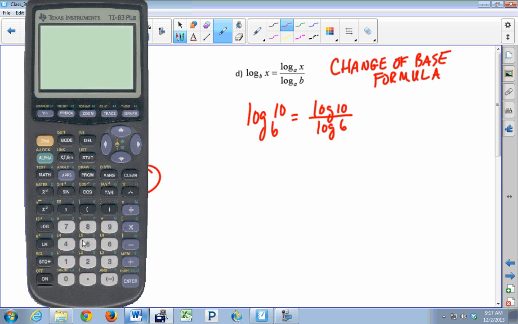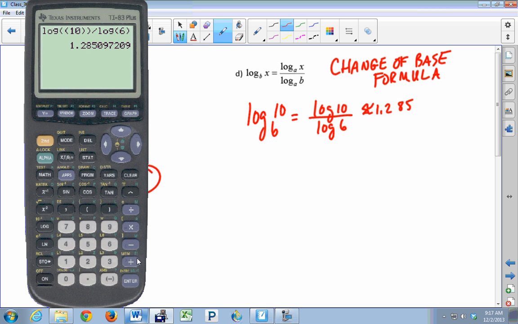Thank you. Log of 10, divided by log of 6. And we get 1.285 approximately.